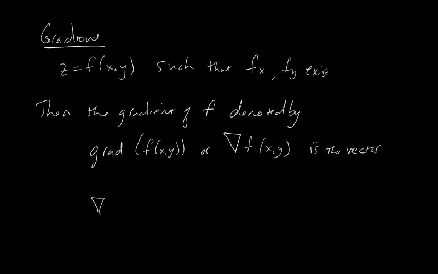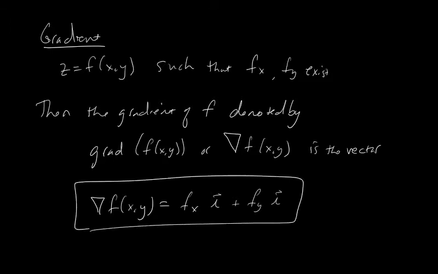The gradient of f of x, y is equal to the partial derivative with respect to x in the i direction plus the partial derivative with respect to y in the j direction. That is the gradient, and that gradient gives us the direction of maximum increase from any given point. We'll outline that in just a moment when we talk about the properties of the gradient.